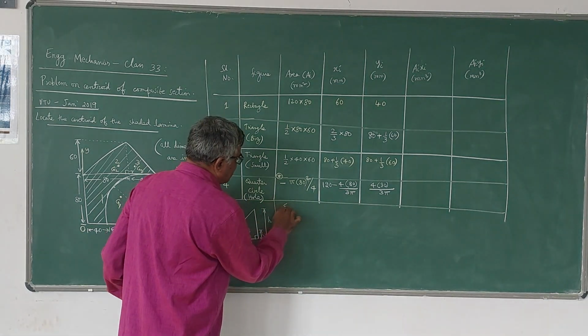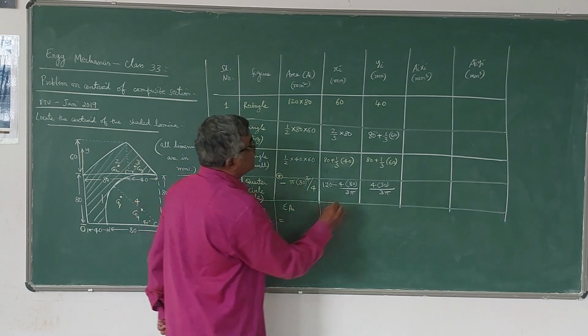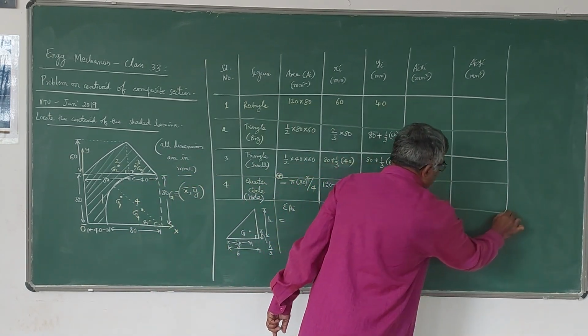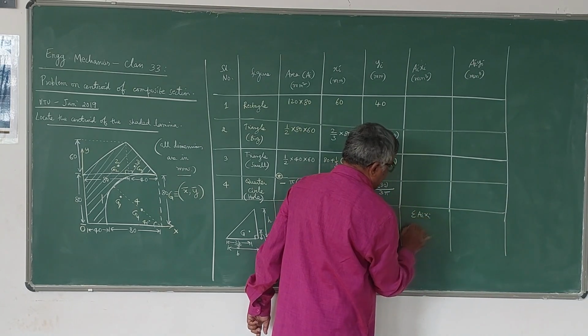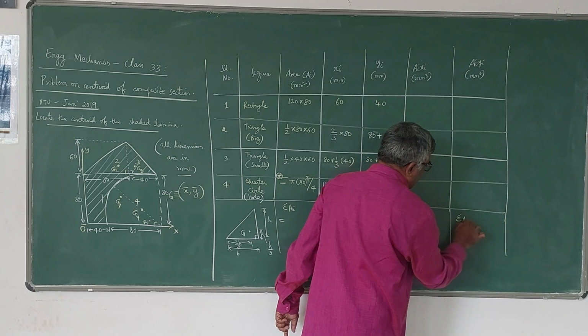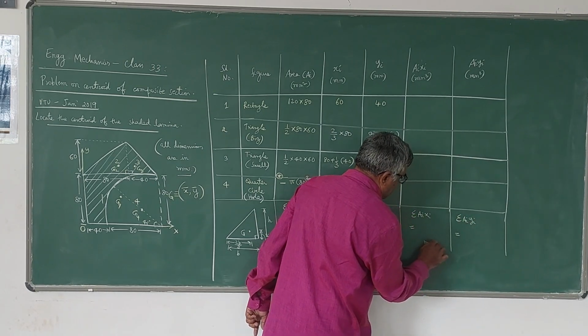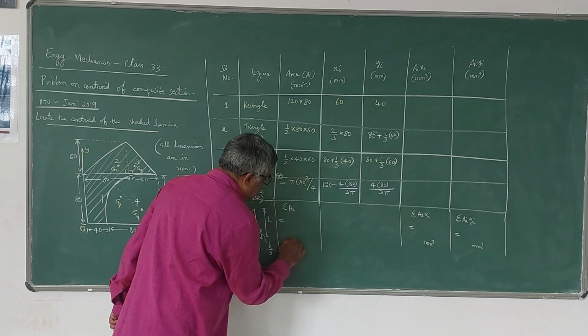The first sum is summation ai. Then next you have to find ai xi, and ai yi, and then add them. So sigma ai xi, sigma ai yi. These will be in millimeter cube, whereas area is in millimeter square.